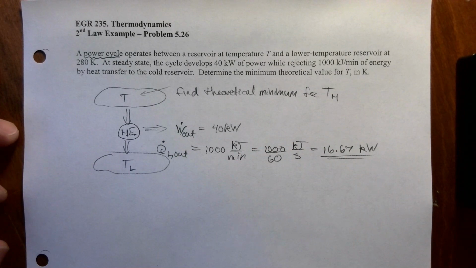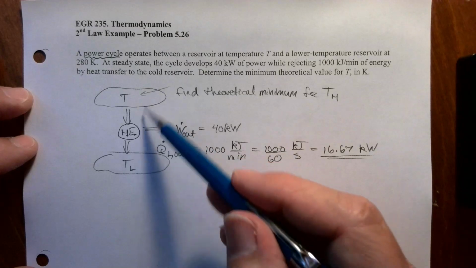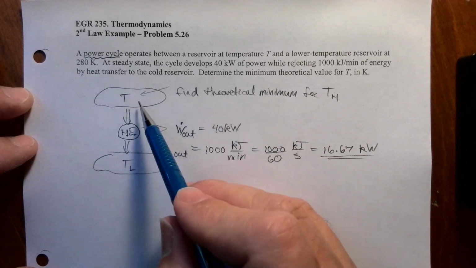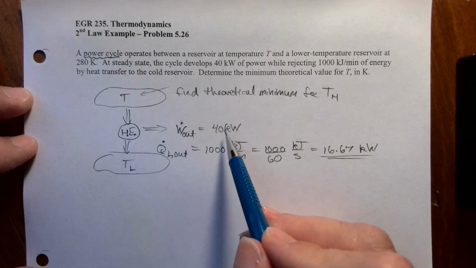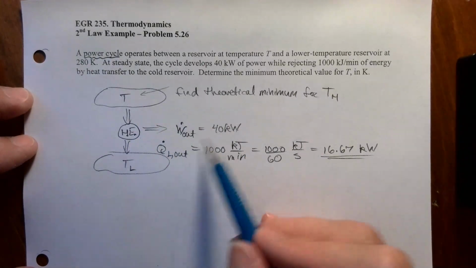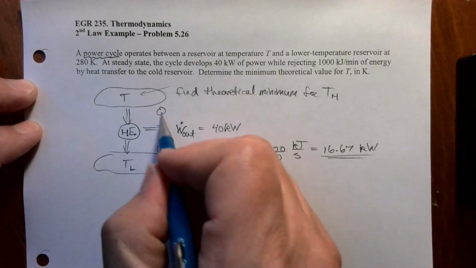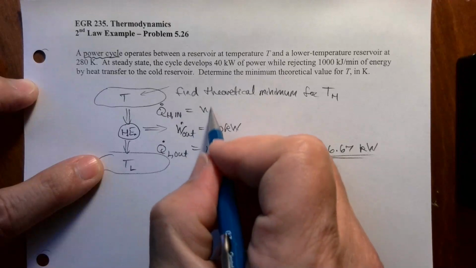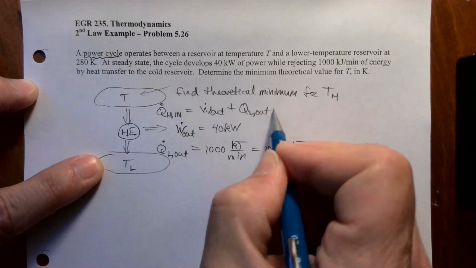If you remember, the reversible thermal efficiency goes down the closer these temperatures are together. So the lower this T high is, the more difficult it's going to be to achieve this efficiency. So this is QHN, which must be equal to W dot out plus QL out.